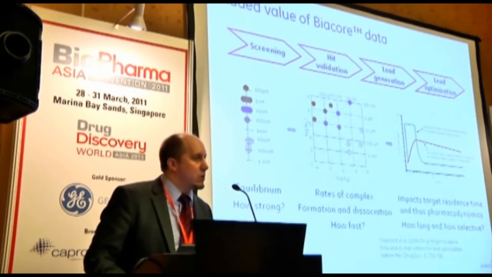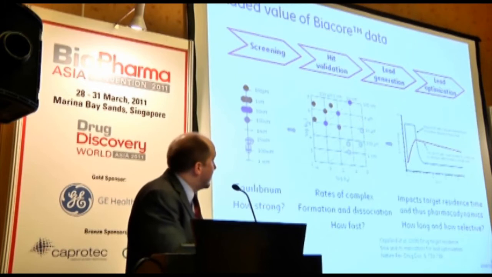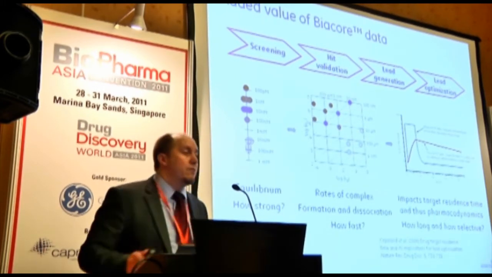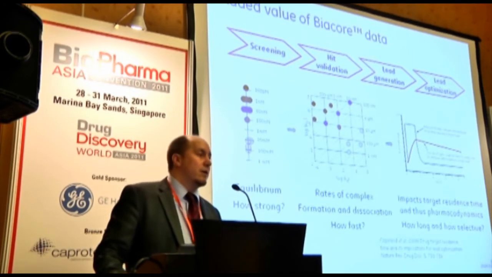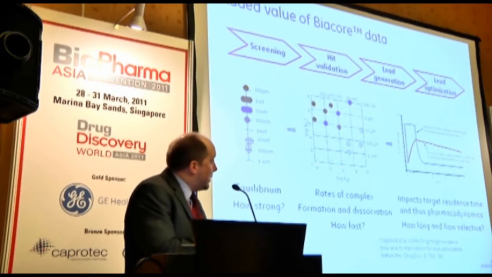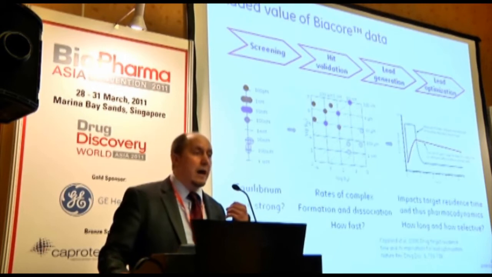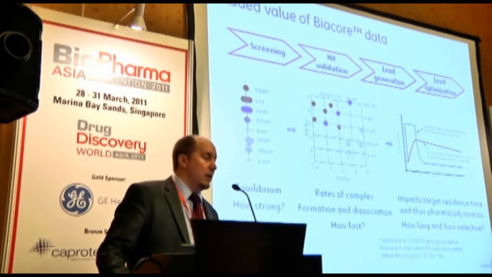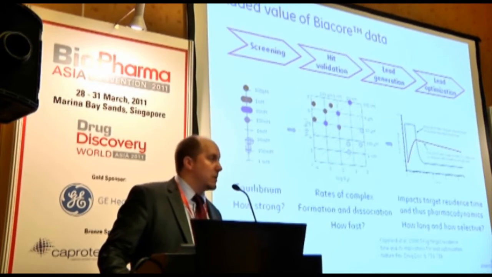But in fact, if you resolve that affinity into kinetic parameters, the on rate and the off rate, then you can really look into characteristics of binding that can be very important from a clinical perspective. So, for example, if you have a very rapid on and rapid off rate, maybe you need to administer a drug in its formulation at low dose with frequent administrations.